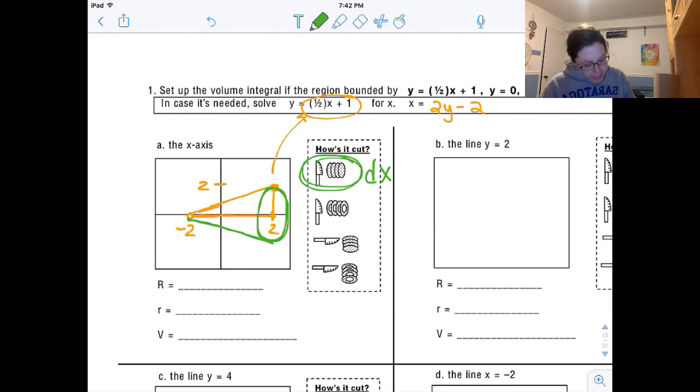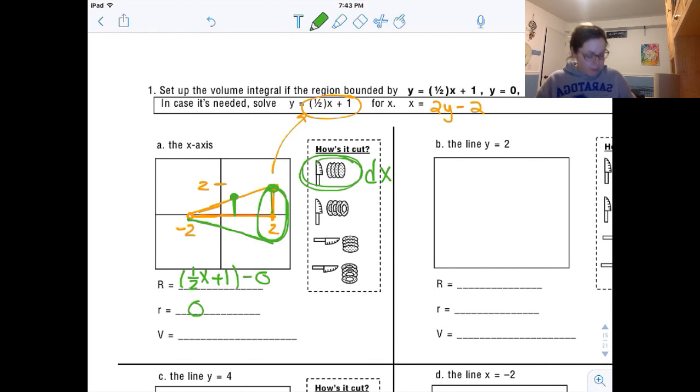Now, my radius is going to be from here to the center, from there to the center at any given point. And so that's going to be from the line, which is 1/2 x plus 1, to 0, so minus 0. Now the inner radius, this is a disk, so there isn't really one. It's just 0 minus 0. There isn't an inner radius.